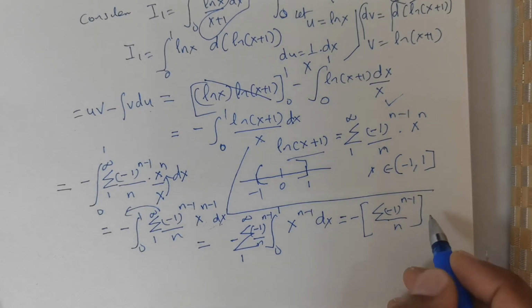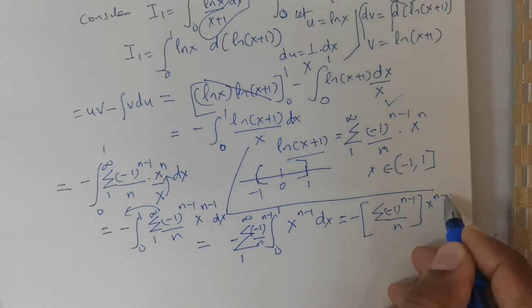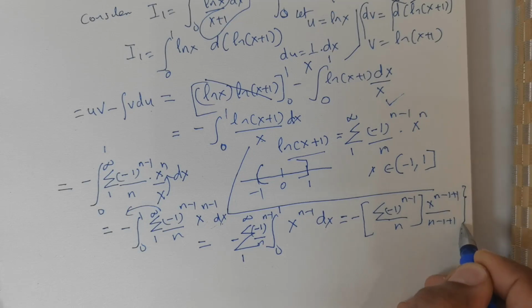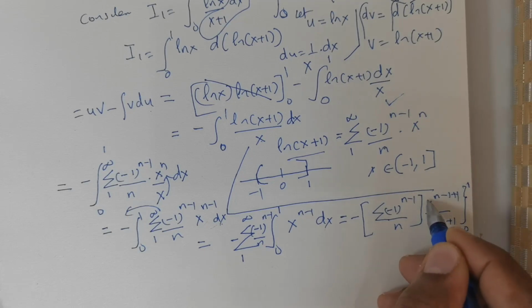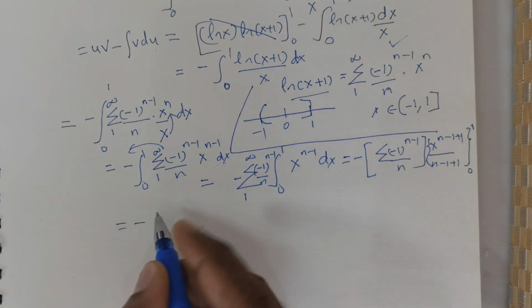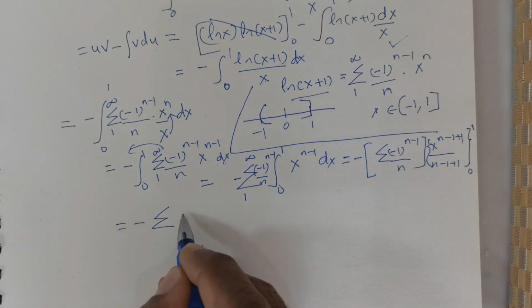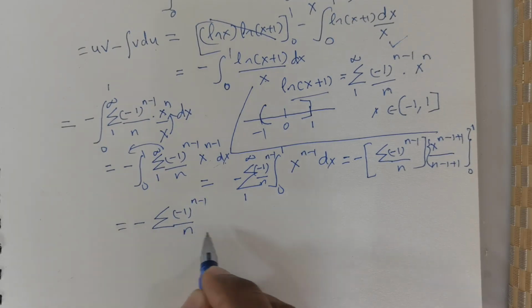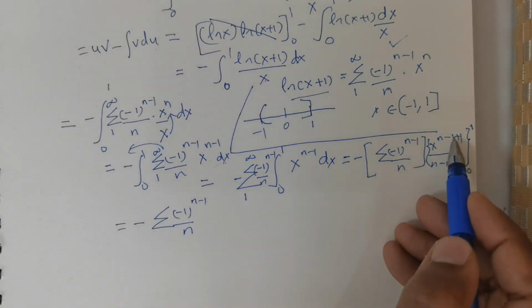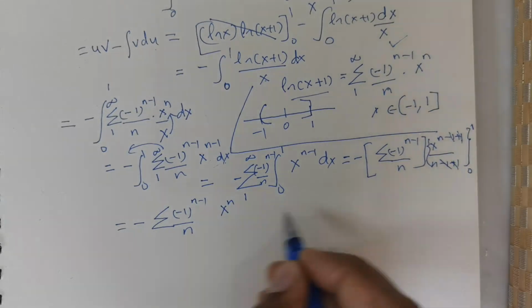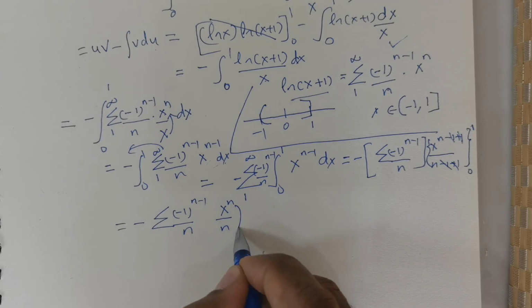Now if you were to integrate this, this is going to be x to the power of n - 1 + 1 divided by n - 1 + 1, and the limits are 0 to 1, right? So I can very well rewrite this as negative sigma (-1) raised to the power of n - 1 divided by n. Now -1 + 1 goes away, you have x to the power of n divided by n with the limits 0 to 1.